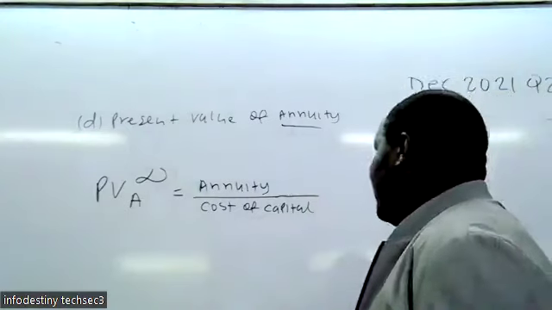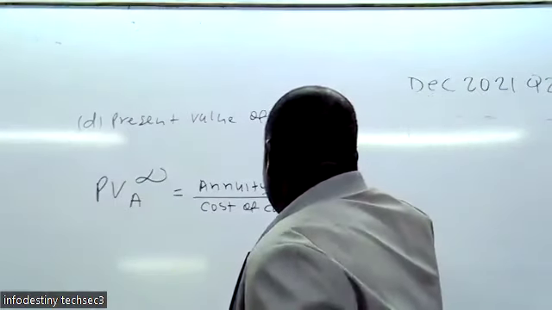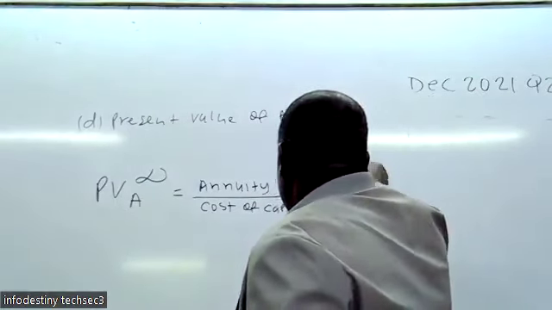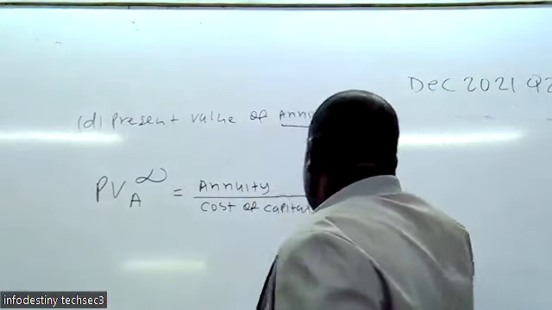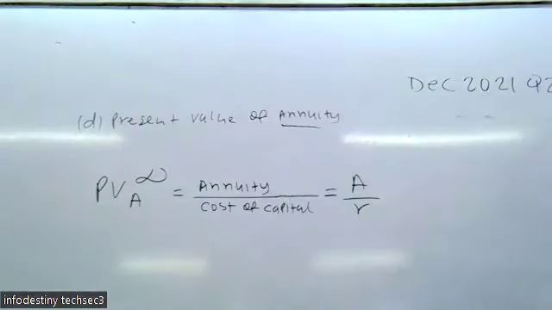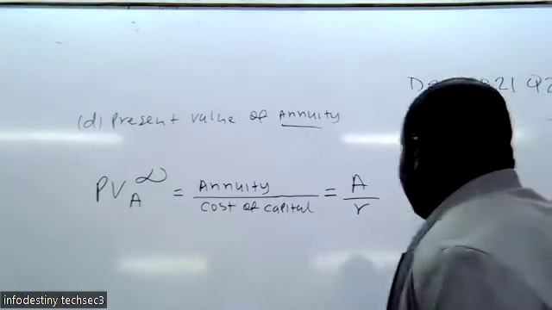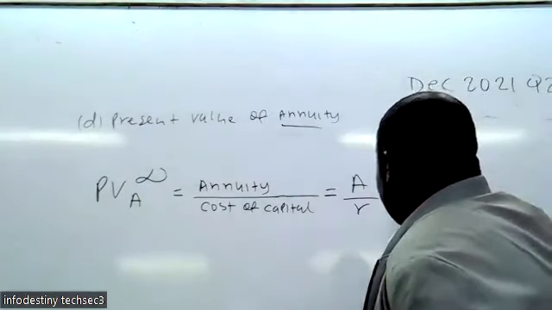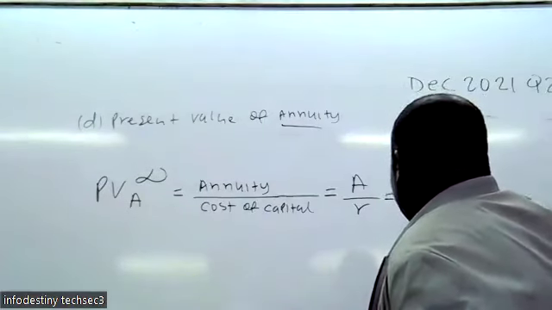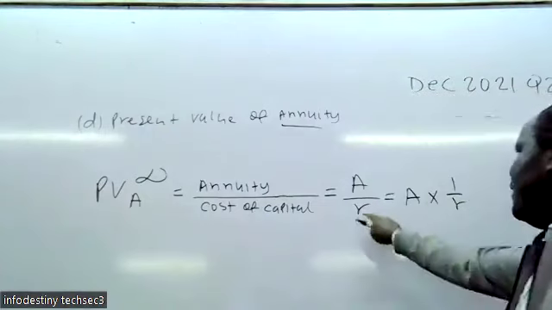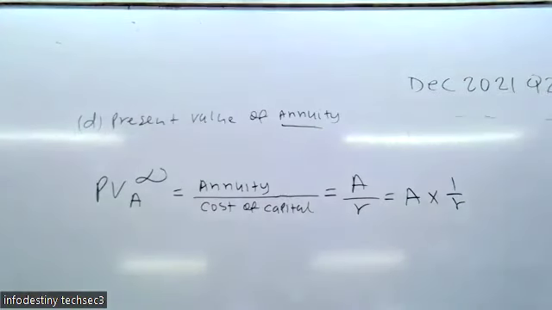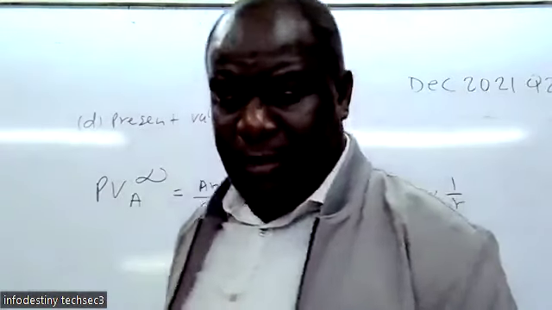You simply take the annuity, divide by the cost of capital, R. So in summary, it is the annuity divided by R. This can also be the same as annuity multiplied by 1 over R. So this formula is the same as that. Just take the annuity divided by R, or annuity multiplied by 1 over R. It will still give you the same value.